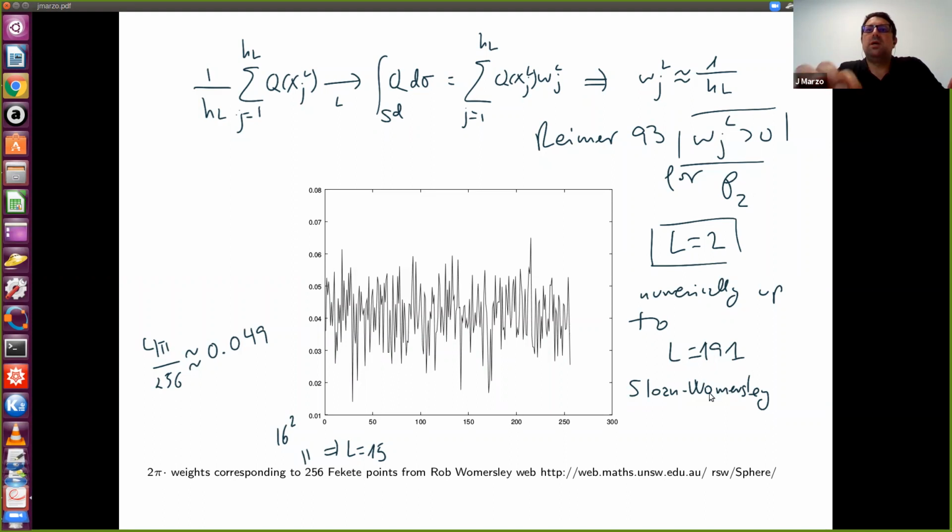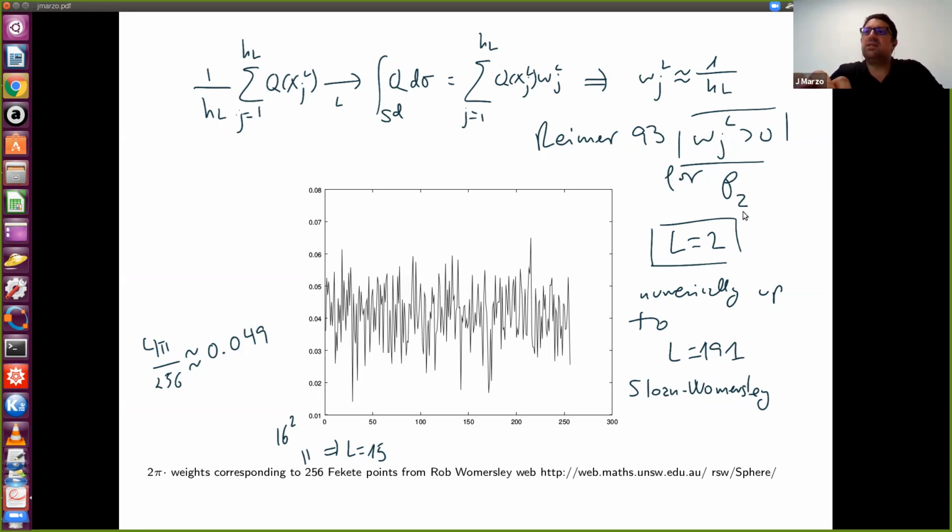But it's kind of a shame that we are really far from this. What is known is dramatically far from this. The only result about this problem is a paper by Reimer from '93, proving that the weights are positive in P_2.